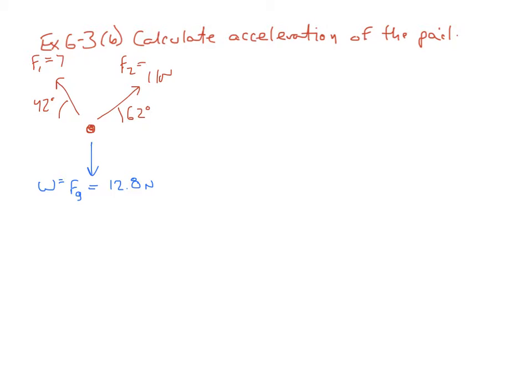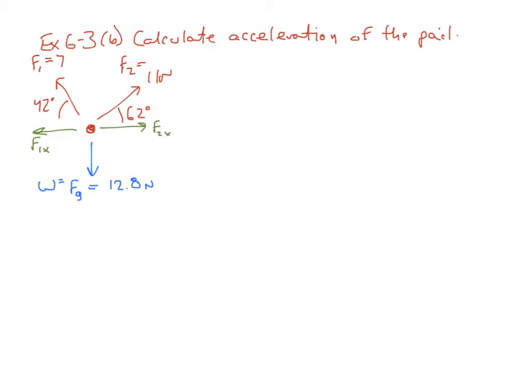So we established already in part A that the x components, F2x and F1x, have to be balanced out, because the pail is not moving side to side. It's only moving up or down, hopefully up, because they're trying to pick it up. So we can pretty much ignore the x components now, because we used them in part A to figure out this angle right here.